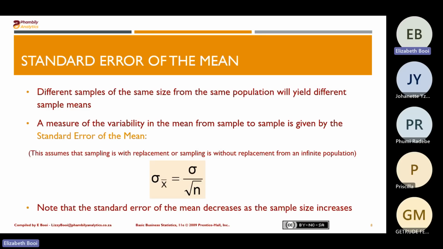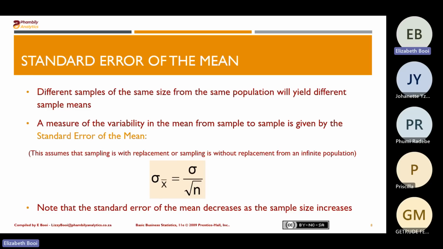Please note that the standard error of the mean decreases as the sample size increases. The bigger your sample size becomes, the smaller the value of the standard error. If you have a sample of 100 and a sample of 50, a sample of 100 will have a 1.3 standard deviation or standard error, and a sample of 50 will have a 2.3.